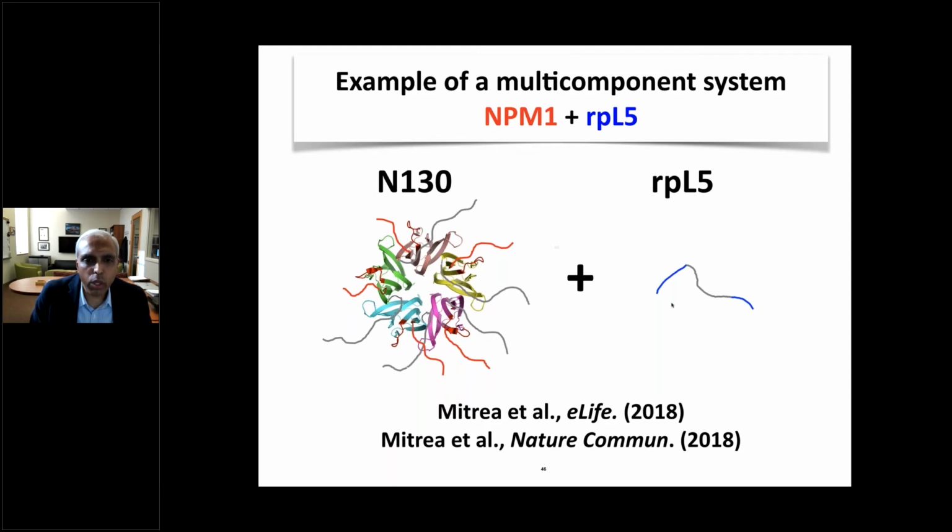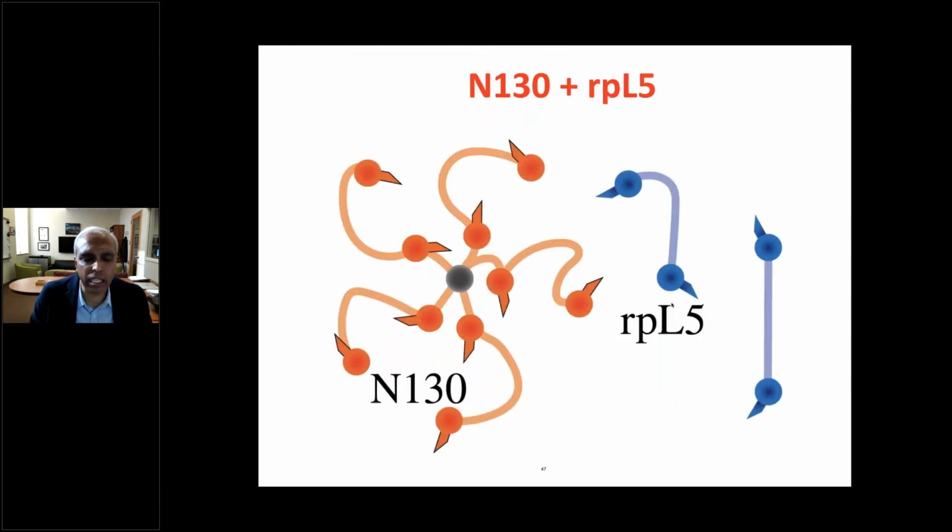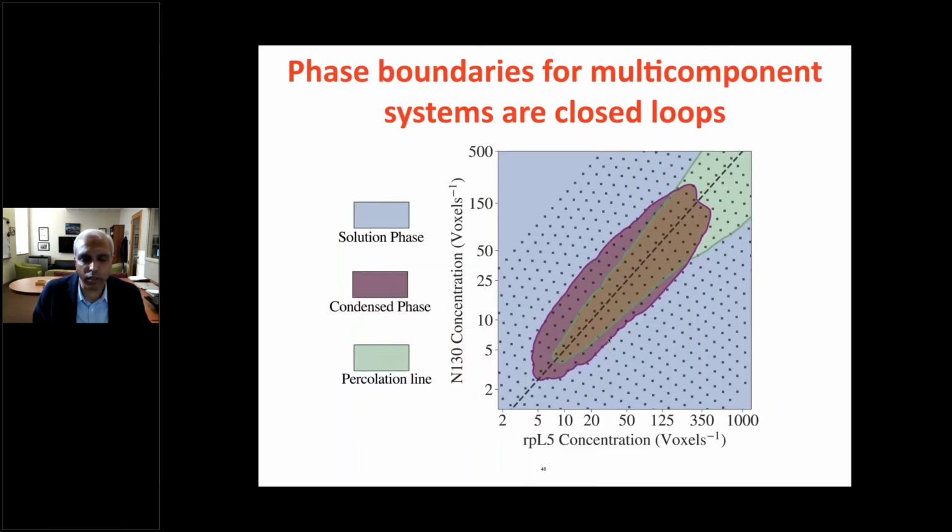Okay, so here would be our lossy instantiation of the underlying architecture. These shown here are the acidic tracts and the types of specific interactions that they can make with the arginine moieties on the RPL5. And what emerges is a very interesting feature for the phase diagram.